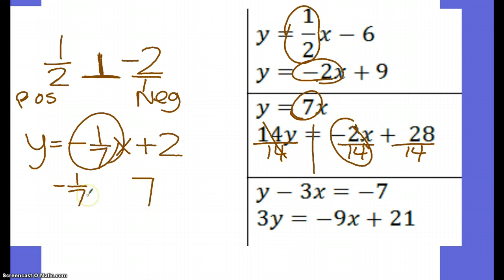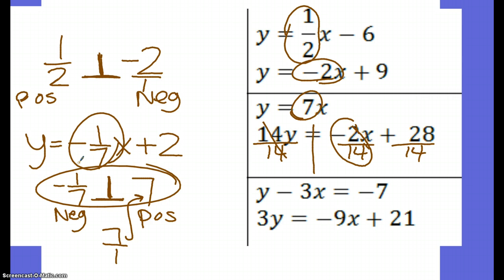Here, they're not the same, so it's definitely not parallel. This one's negative, this one's positive. So that works, but then do we have reciprocals? If you flip 1/7, you get 7 over 1, which in fact is the same as 7. So yes, these are examples of perpendicular.